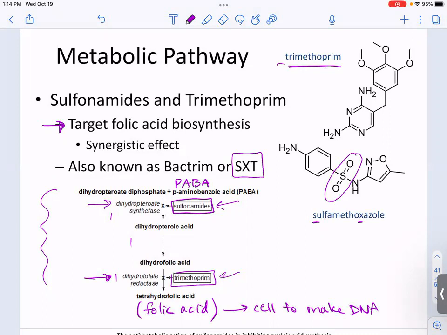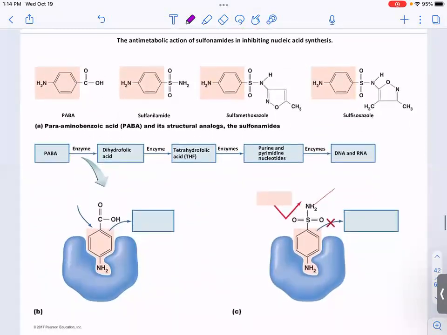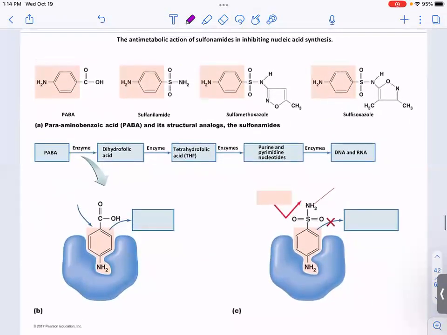So SXT, if you're in lab, you use that in the Kirby-Bauer tests when we did that last week. It has the brand name Bactrim. So that, I don't know, may or may not be familiar. We don't use sulfa drugs as much as we used to, but of course they came out before penicillin and other antibiotics.